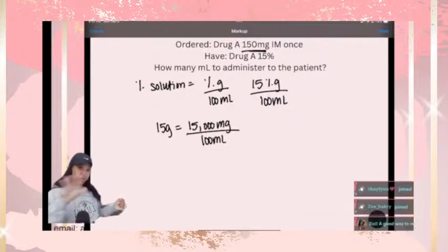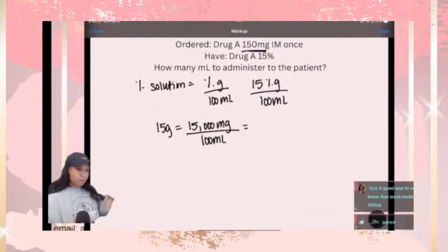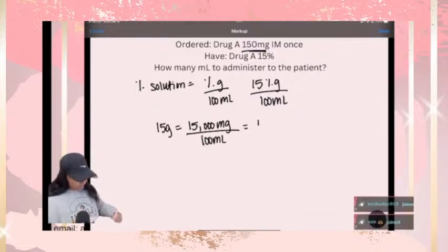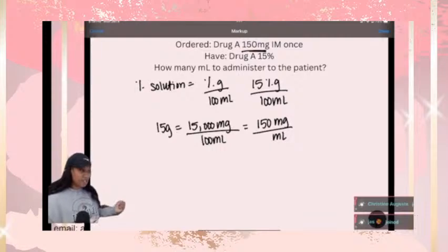We're just using grams because that's what we're ordered in. We just did a simple conversion. So 15,000 divided by 100 gives you 150 milligrams per mL, and that's going to give you your concentration.